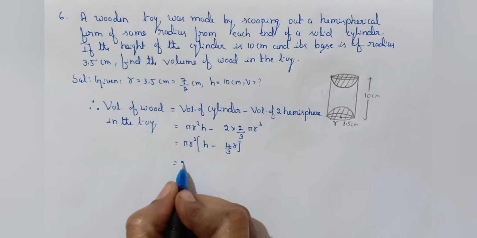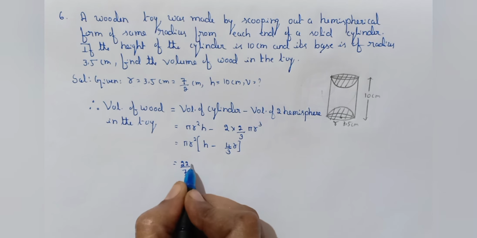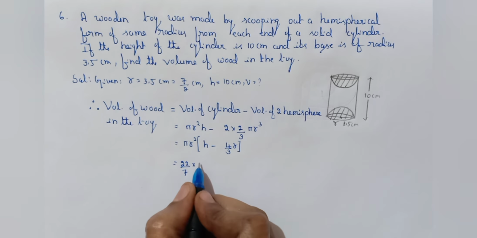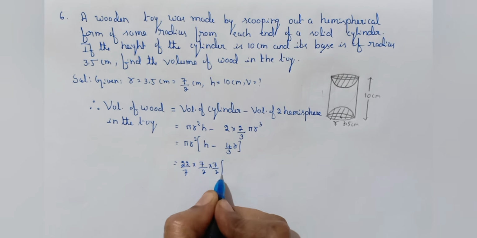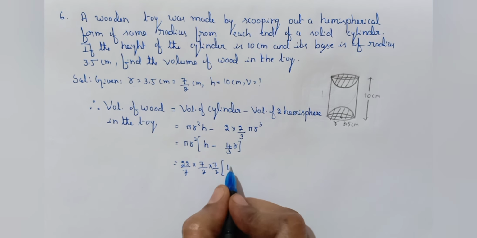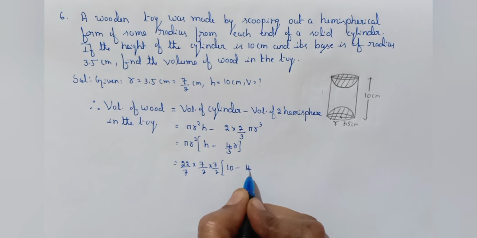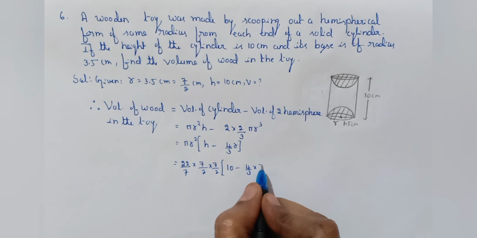Substitute 22 by 7 in place of pi, and the radius is 7 by 2 into 7 by 2 into the h is 10 minus 4 by 3 into the radius is 7 by 2.